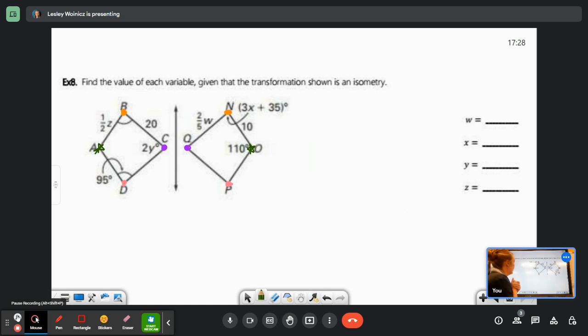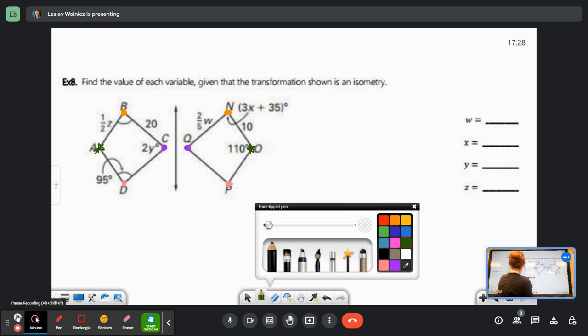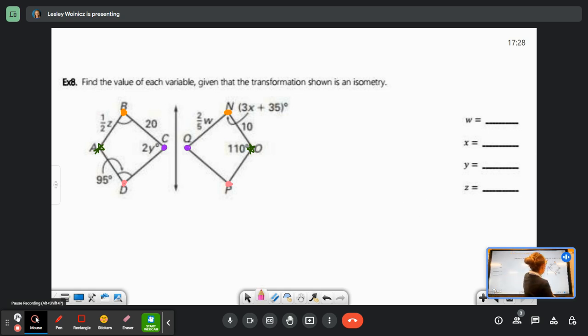Okay, so where do we start? Okay, I see something we can solve for. Look at this side that's 10 units long. It came from this side over here, which is 1/2 z.